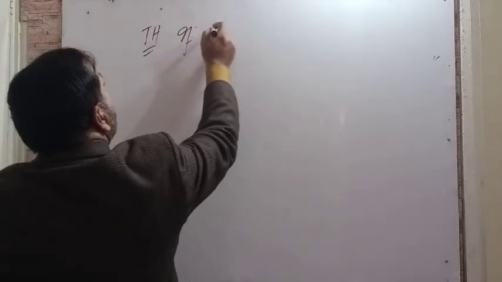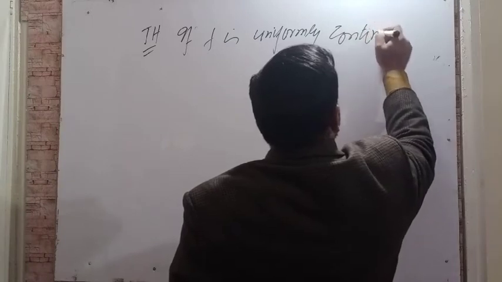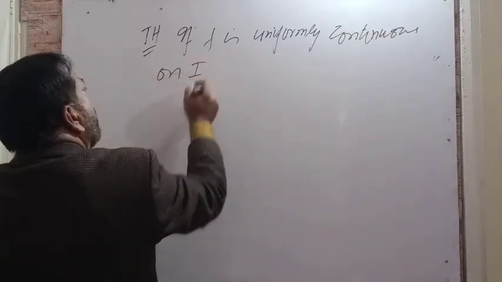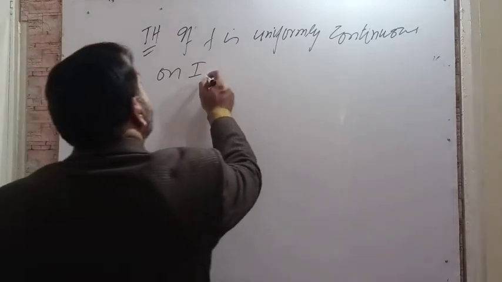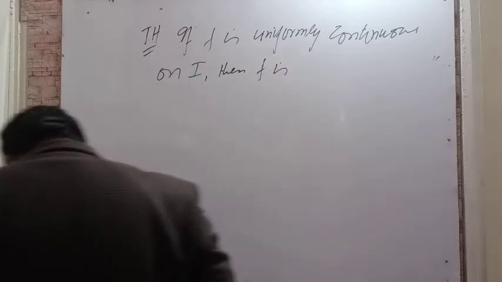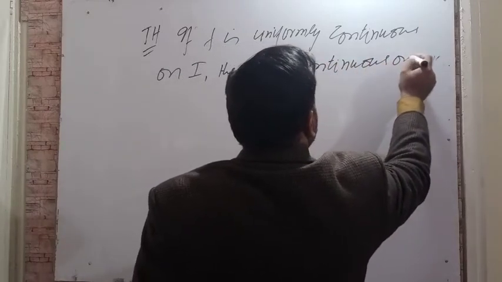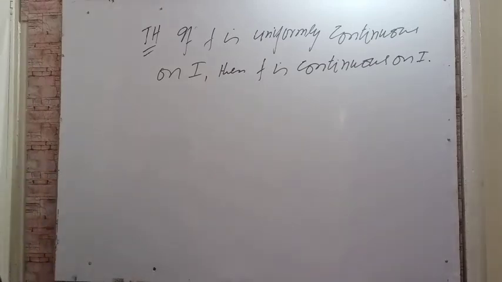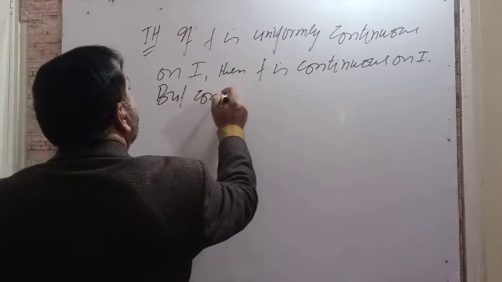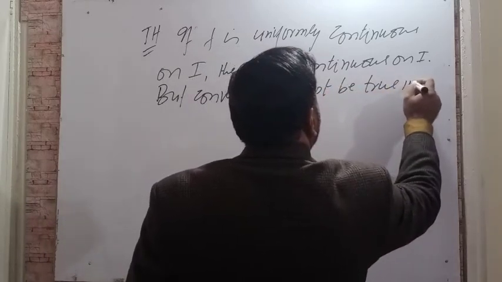Theorem: if f is uniformly continuous on I, where I is an interval, then f is continuous on I. But the converse may not be true in general.